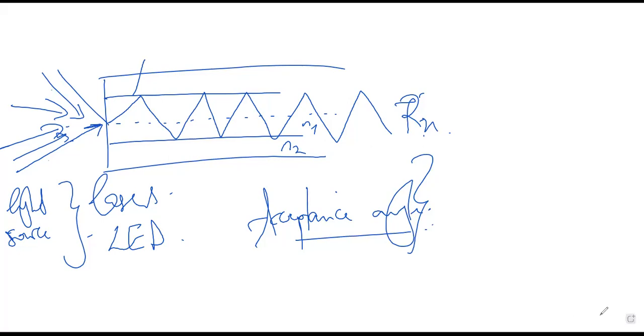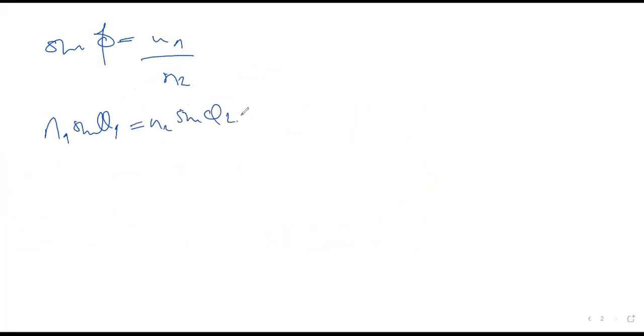It all begins with the critical angle. We have this equation, the critical angle. We have another equation, Snell's law: n1 sin theta 1 is equal to n2 sin theta 2.